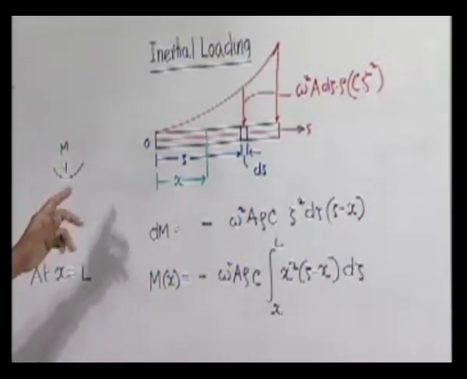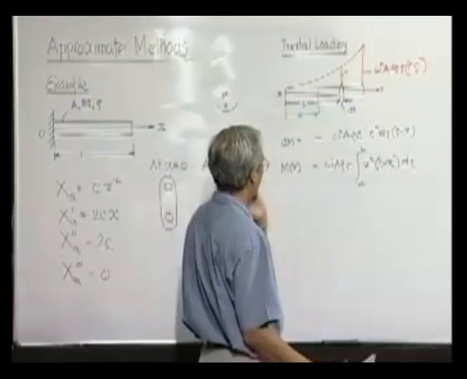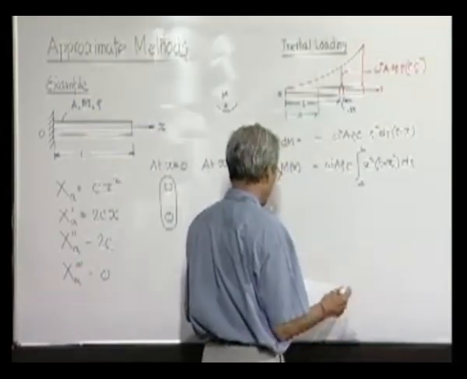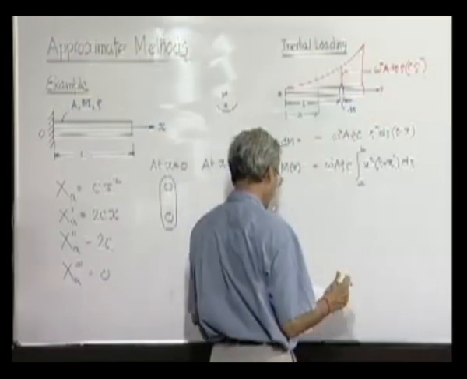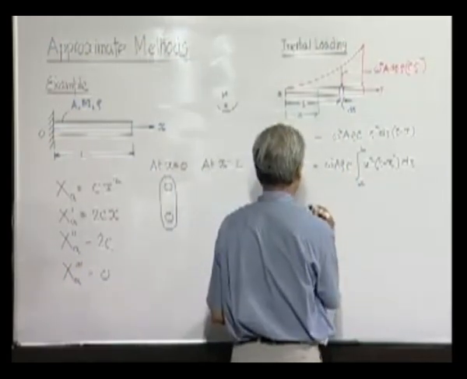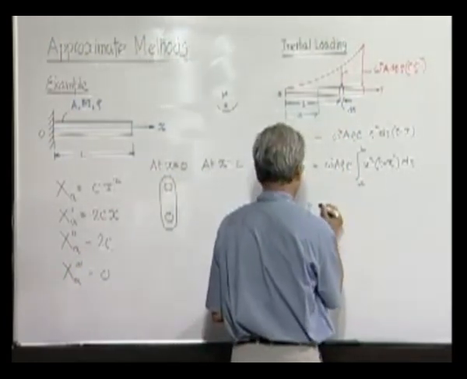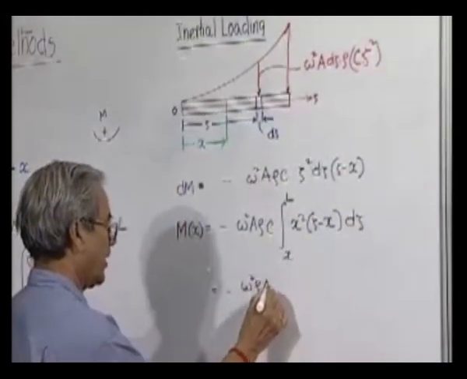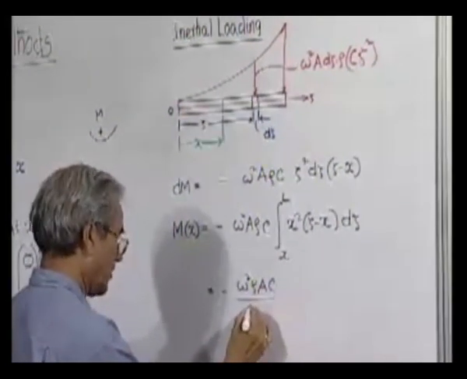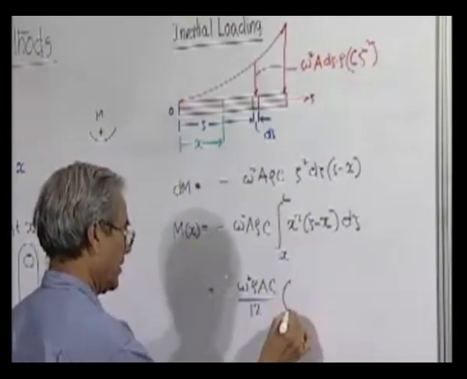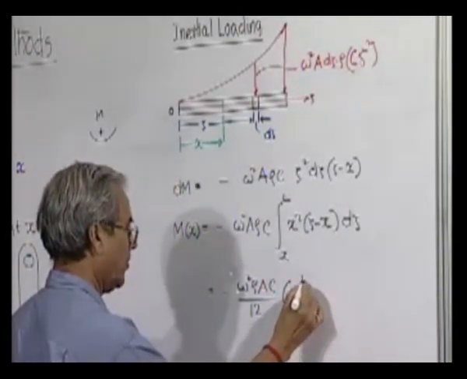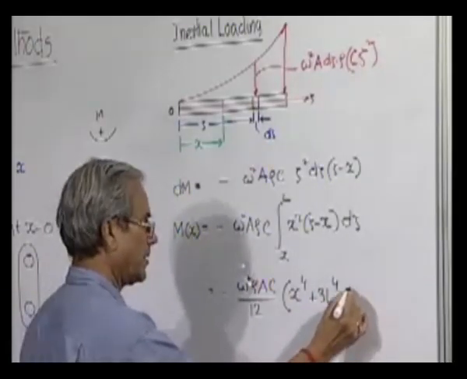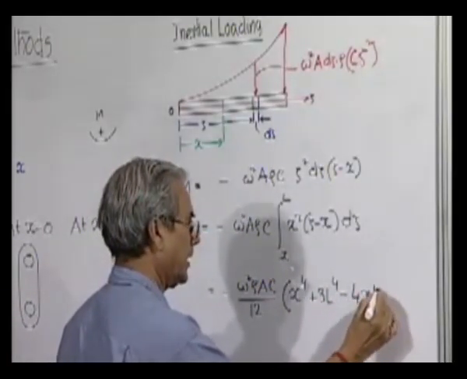If we estimate this, we will find this comes to be minus omega square rho A c by 12 into x to the power 4 plus 3 L to the power 4 minus 4 x L cube.